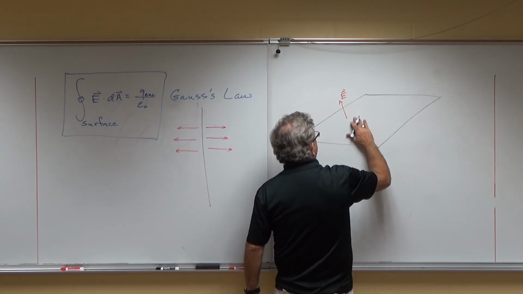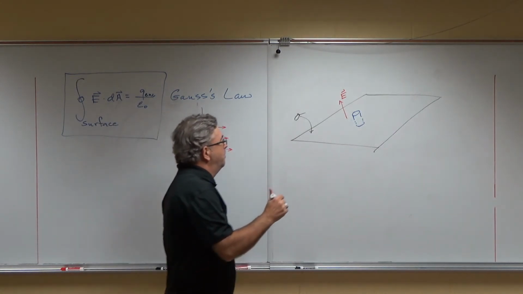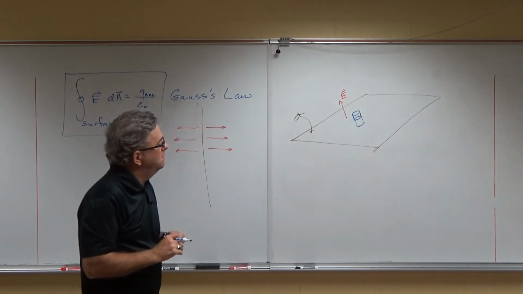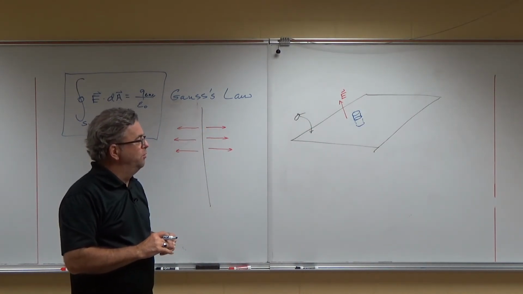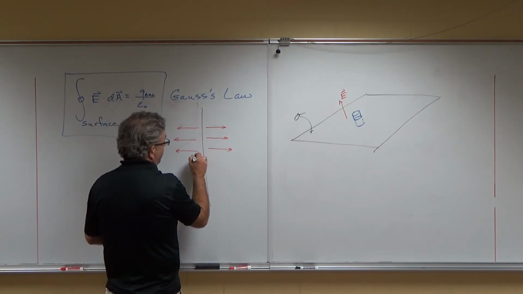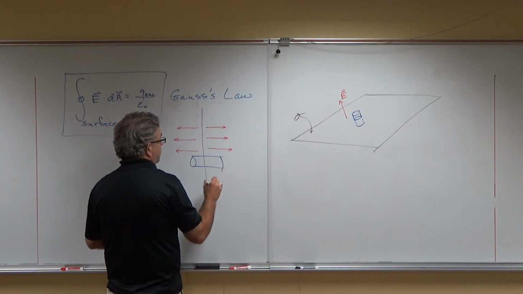My drawing skills are nil. So here's a little cylinder that is down through the plane, plunging through the plane. So if I draw that cylinder over here, it's going to look something like this.